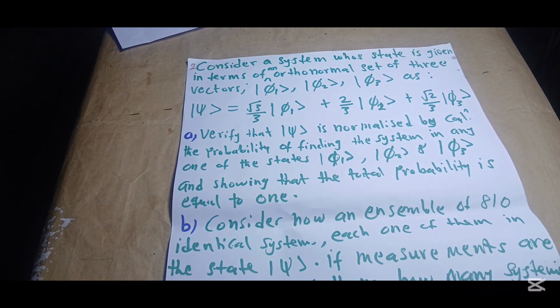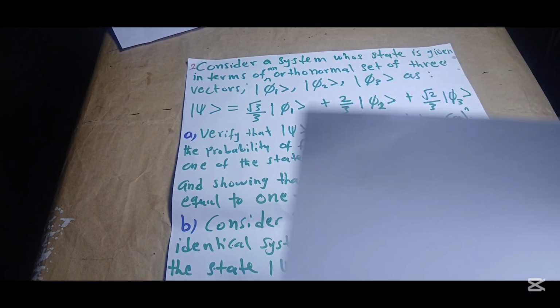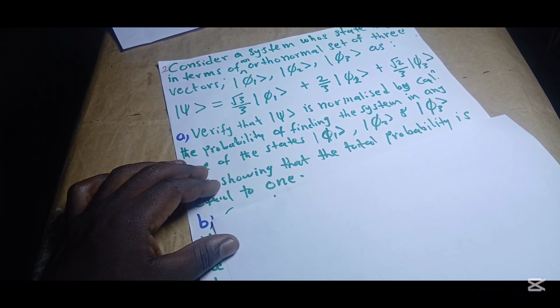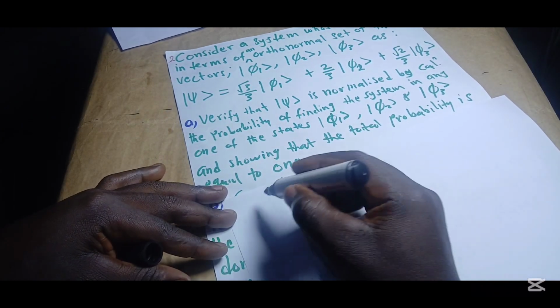Now we will start solving the question one by one. First of all, we start with part A. Part A. So now let's write the state of the system.